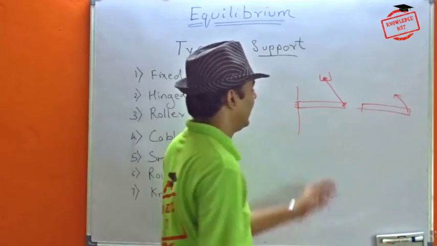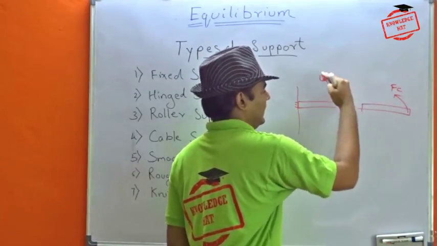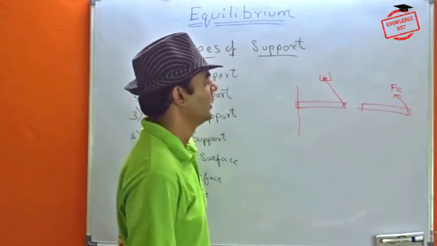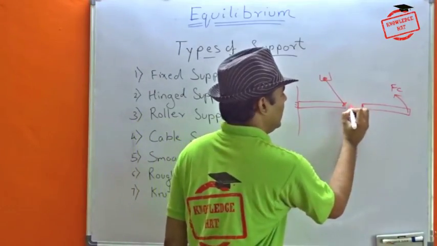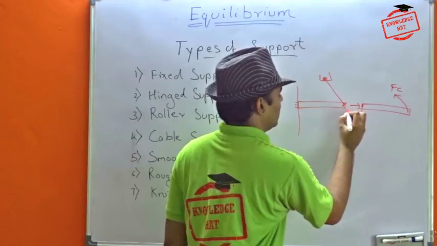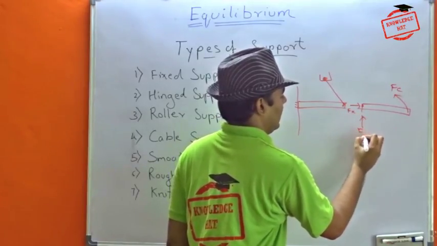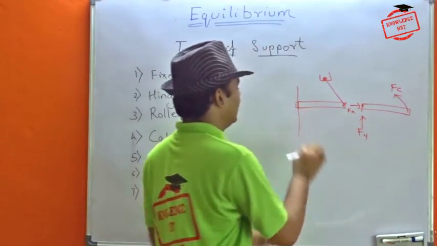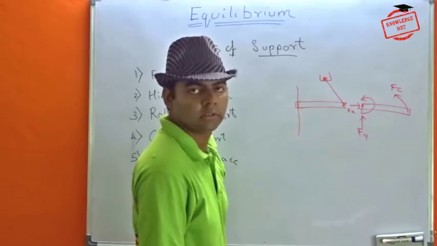Only a force acting in this direction, Fc. Suppose if it is a cable, it is Fc. There is no other thing. For this end, we have all three supports. This is Fx, this is Fy, and since this is a fixed support, we also take the moment into account.